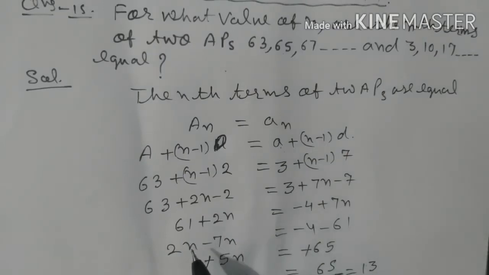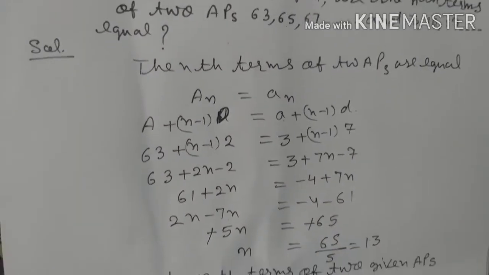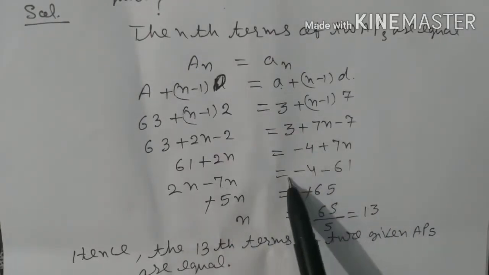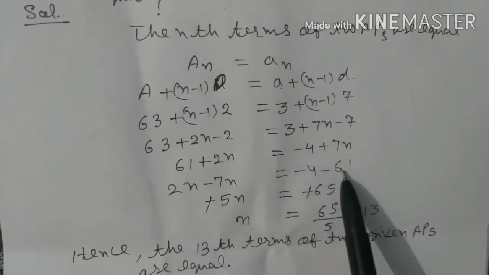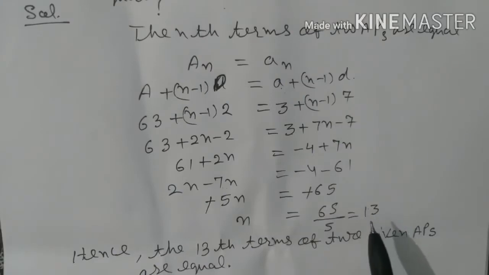Simple. 61 plus 2n is equal to minus 4 plus 7n. Now 2n minus 7n is equal to minus 4 minus 61, minus 5n is equal to minus 65. Cancel, n is equal to 13. Means the 13th terms of the two given APs are equal.